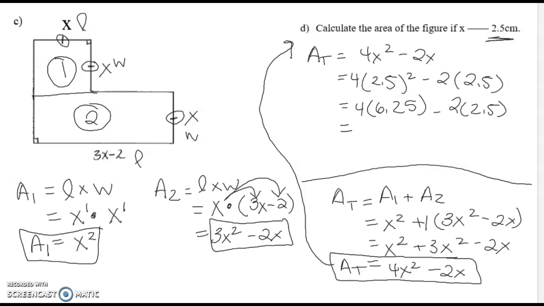And now we're going to multiply these together. 4 times 6.25 gives us 25. Subtract 2 times 2.5 is going to give us 5. And then 25 minus 5 gives us 20. And because we're using centimeters and it's area, it's centimeters squared.